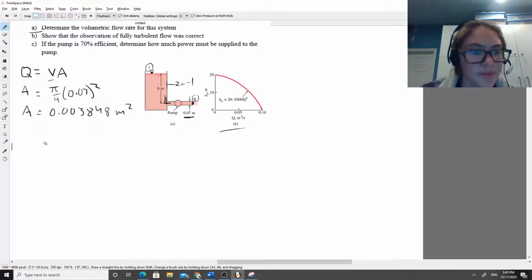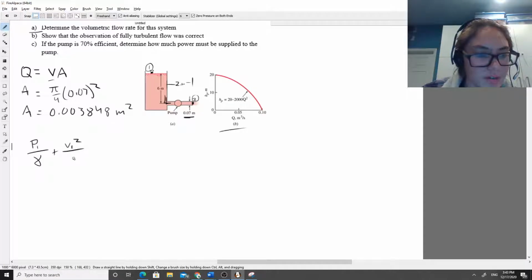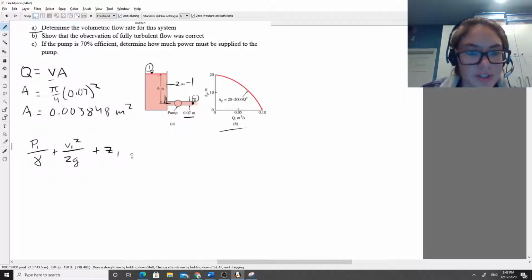So Bernoulli's principle dictates that we have the pressure at point 1 divided by the specific weight of the fluid, plus the velocity at point 1 squared divided by 2 times the gravitational constant, plus z1, which is just the height, plus, and I am going to add in the head of the pump.